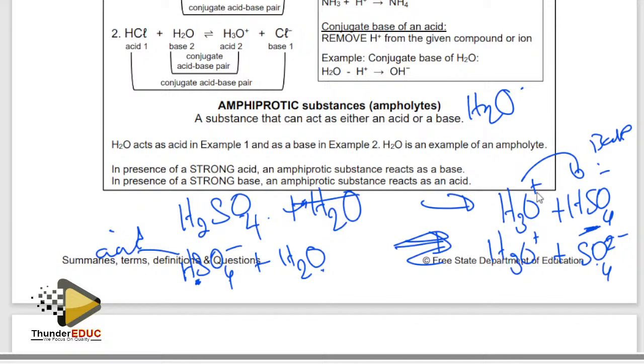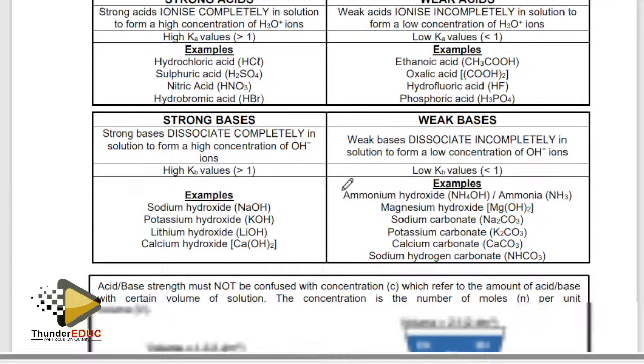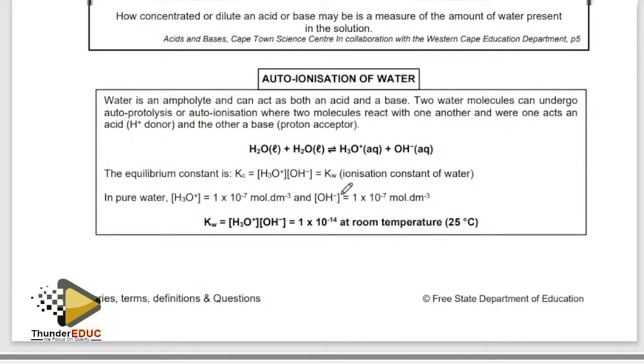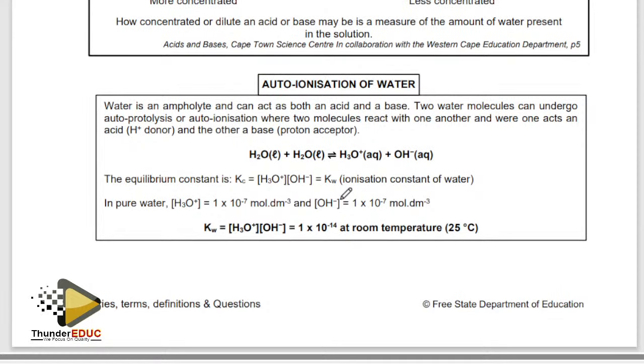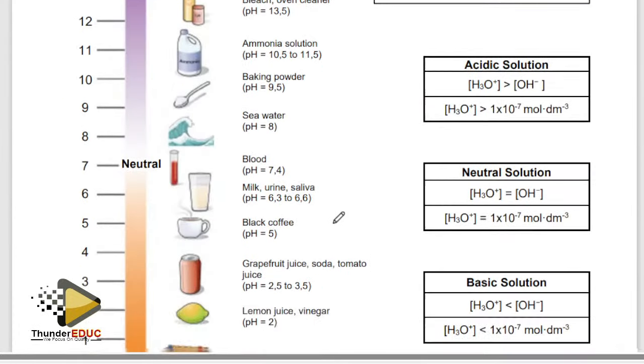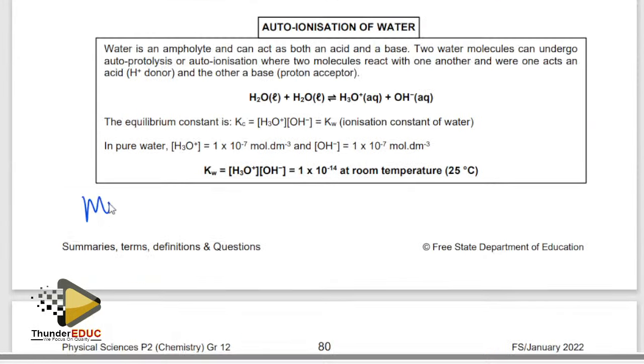You can also bring phosphoric acid. So please know those things. Then what is an acid? We have three types of acid: a monoprotic acid, a diprotic acid, and a triprotic acid. Monoprotic means an acid which can produce one hydrogen ion, like nitric acid.